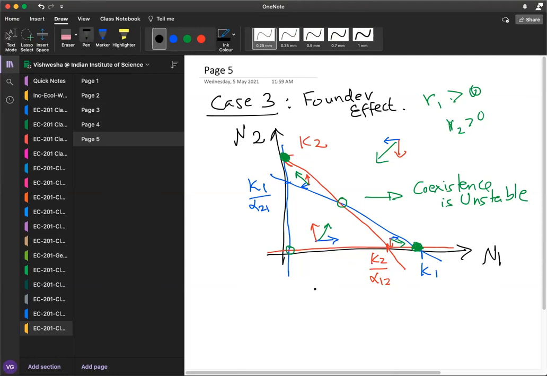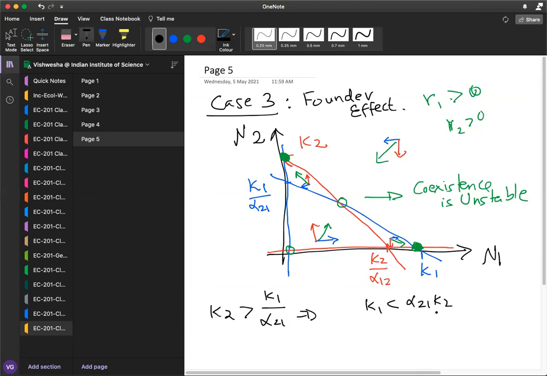So now let's write down the conditions for this. What is the condition for this? K2 is greater than K1 divided by alpha 2, 1, which means that K1 is less than alpha 2, 1 times K2.